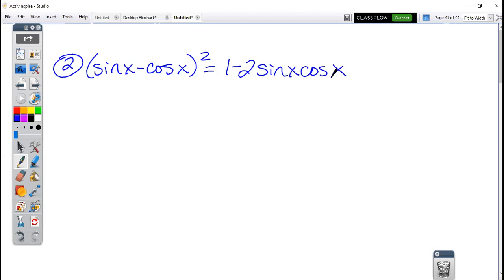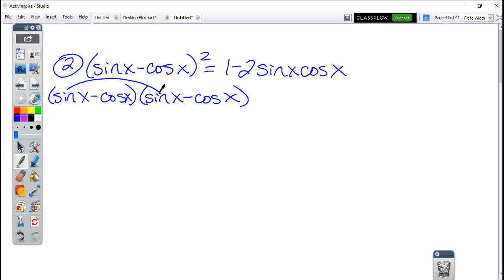Okay, so the other suggestion is just to do math. So I'm going to multiply this left side out. Okay, I'll write it out first. You can skip this step if you know the shortcut. But if you don't know the shortcut, you might want to write it out. Okay, and then you multiply this out.